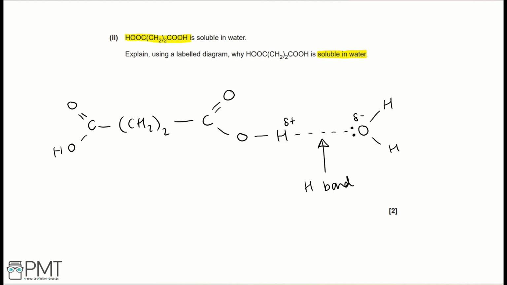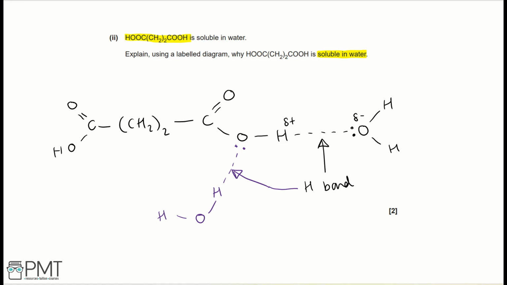Alternatively, you could have had your hydrogen bond from the lone pair on the OH of your dicarboxylic acid, and it would bond to the hydrogen of H2O. And you could draw it like this, but you need to make sure that you're labelling this as a hydrogen bond. So to get the 2 marks for this question, you get a mark for the correct dipoles.